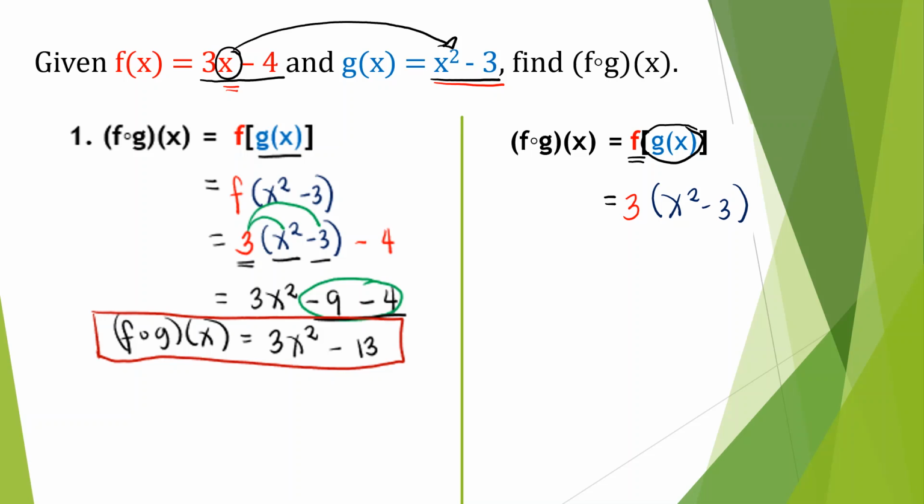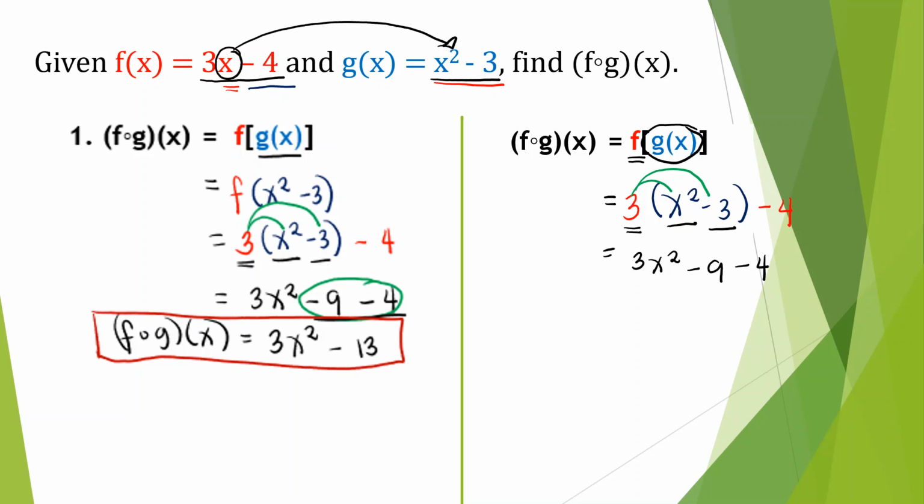So we have the quantity x squared minus 3. Then we continue with the value of f of x, which is minus 4. Then we apply the distributive property of multiplication. So this will become 3 times x squared is 3x squared. 3 times negative 3 is negative 9, minus 4.